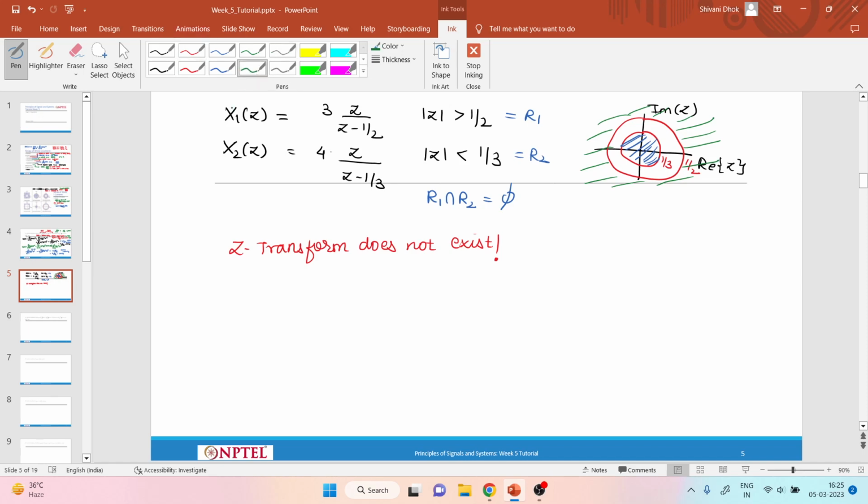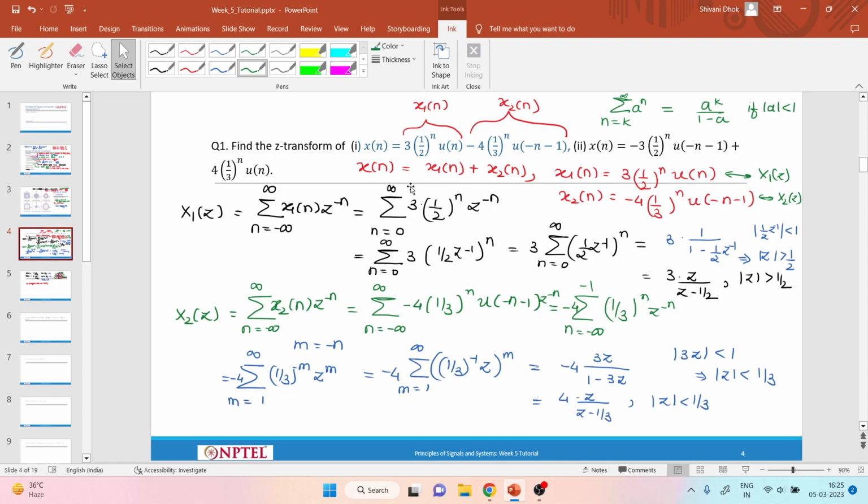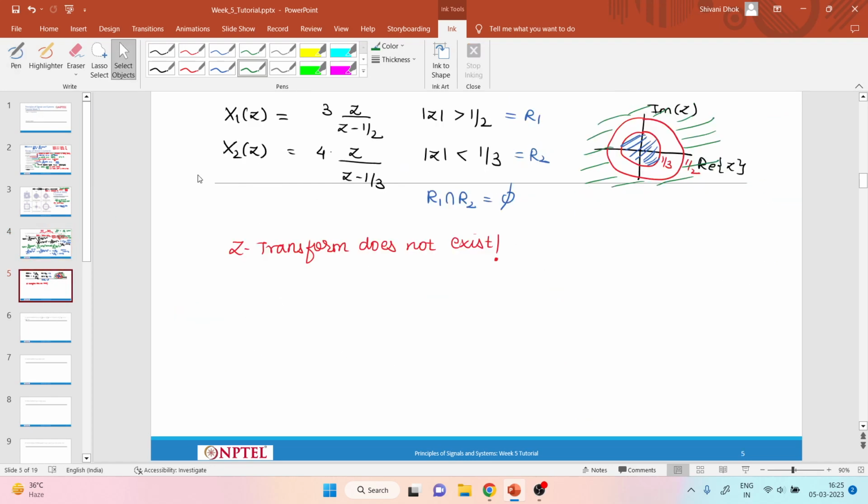Okay, before solving the next part, let us try to generalize certain things. If we look at x1 of n, it is some constant multiplied by this exponential factor. So let us generalize this part.